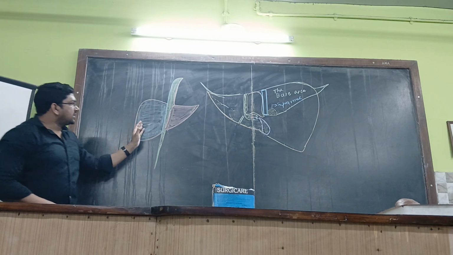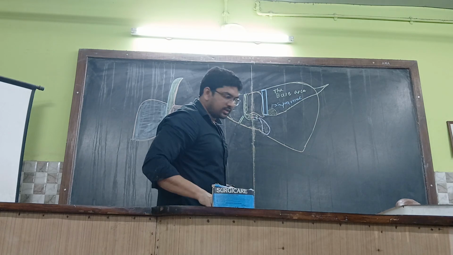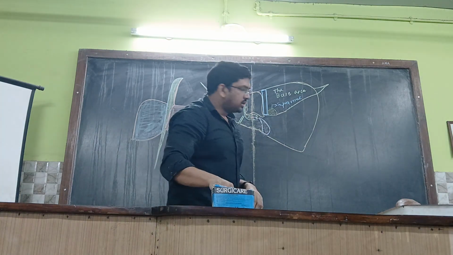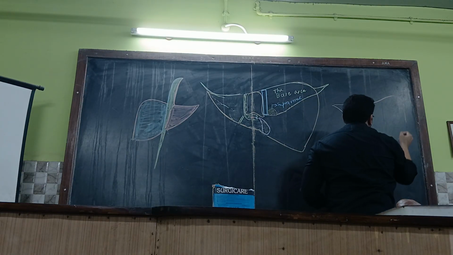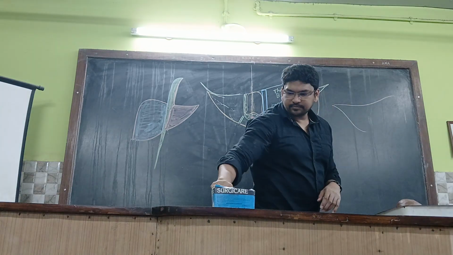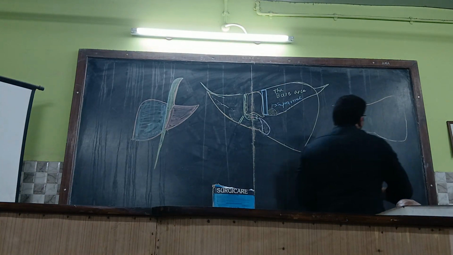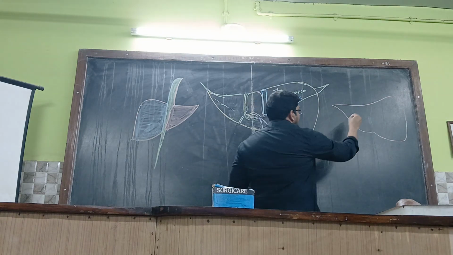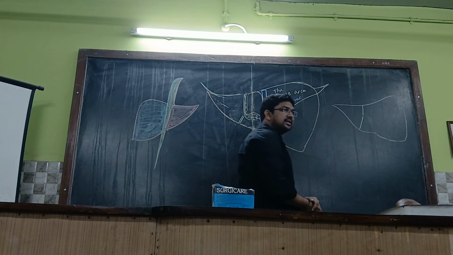Okay. And then coming to the posterior surface. So here you are supposed to understand, on the posterior surface, here will be the ligamentum venosum and ligamentum teres hepatis over here.